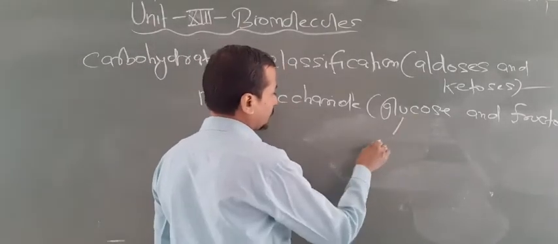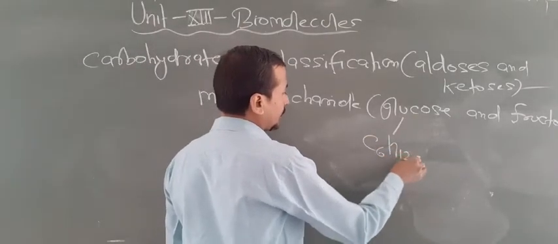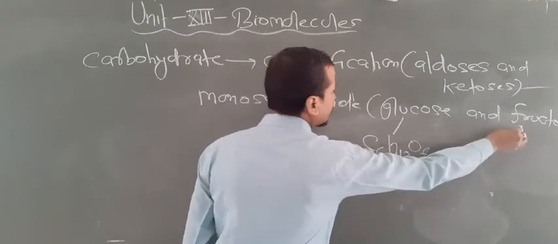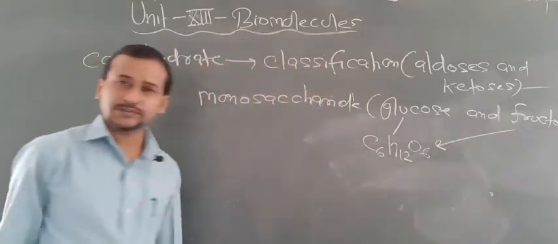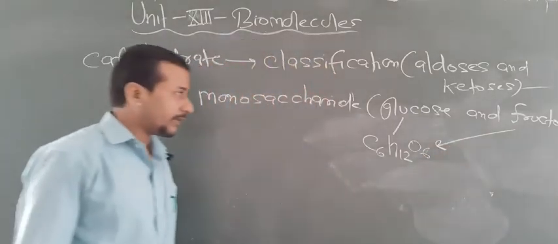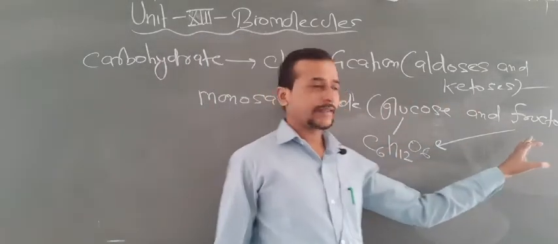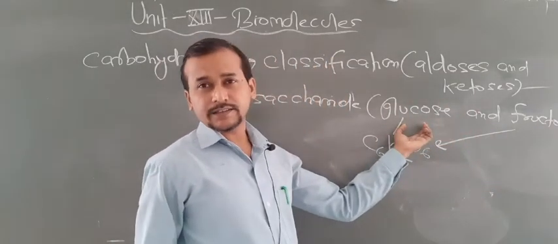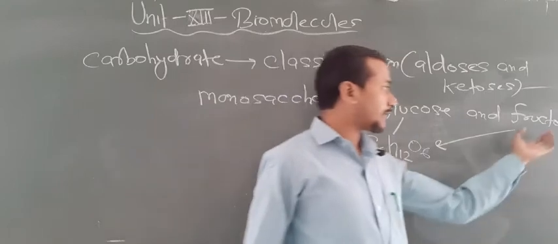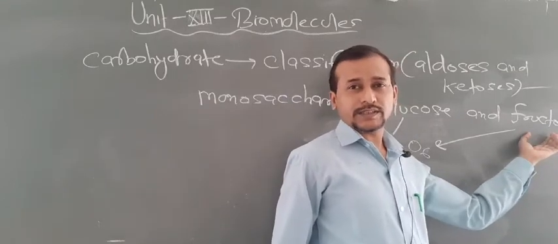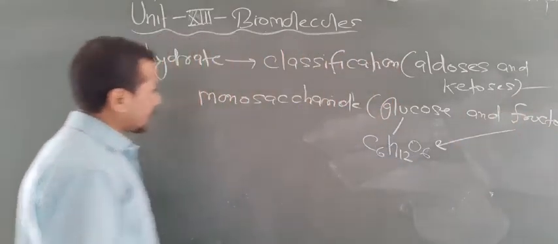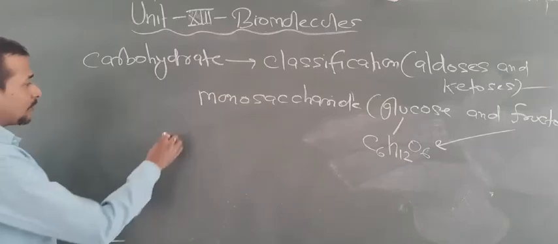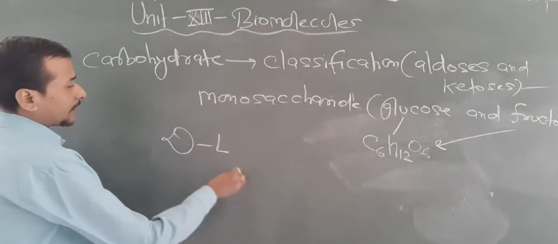The formula of glucose is C6H12O6 and the same formula is also for fructose. The only difference between glucose and fructose is that glucose is an aldehyde containing monosaccharide and fructose is a ketone group containing monosaccharide.